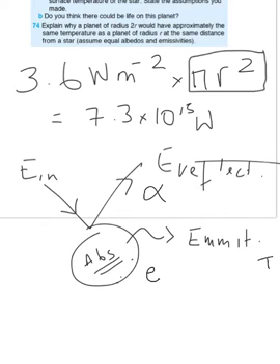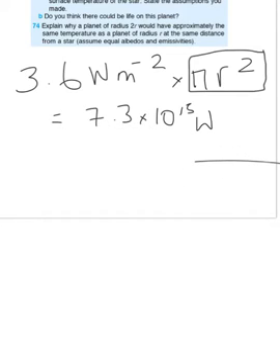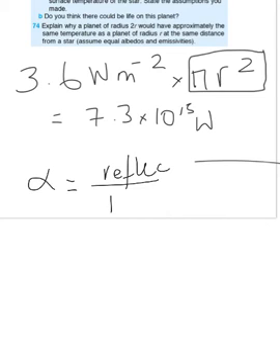So let's take that in stages. Let's think about this reflected and absorbed. Let's figure out how much energy is actually absorbed in the first place. Well, albedo is the ratio of the reflected over the incident. So if you know how much is being reflected, you can figure out what's going on with the rest of it, because what's not reflected is absorbed.